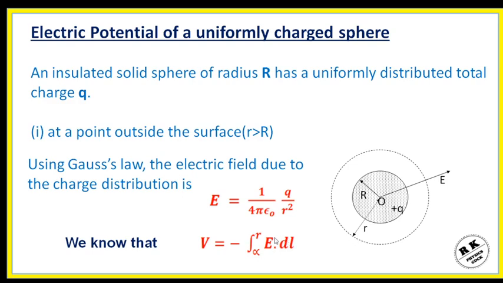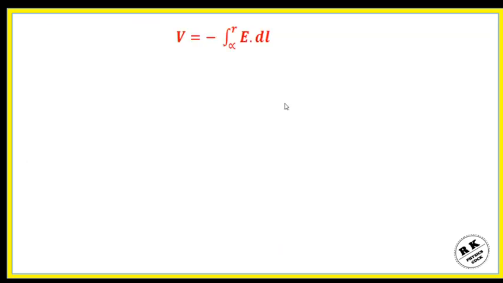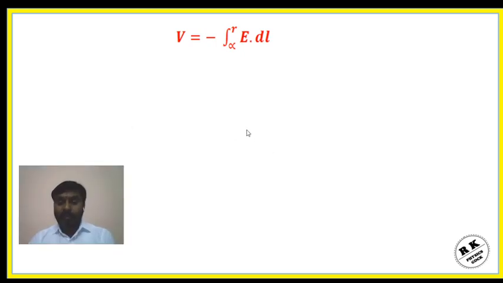Now let us substitute the value of E in this equation. Remember this equation; again it is reproduced here. Let us substitute the value of E from the previous equation. We know that Q by 4 pi epsilon naught is a constant. The only variable in the expression for electric field intensity is r, so we can write the constant outside the integral.